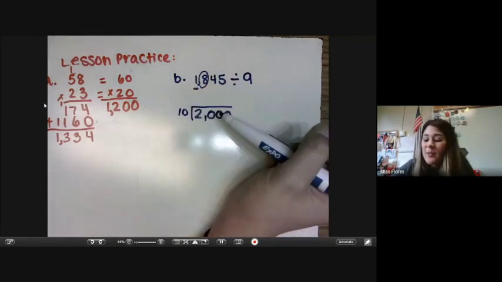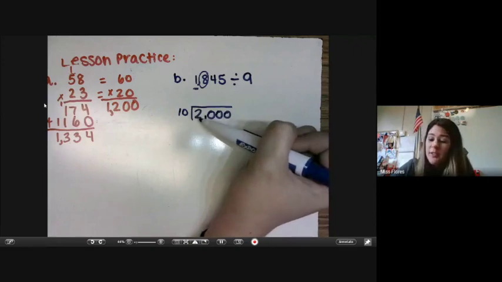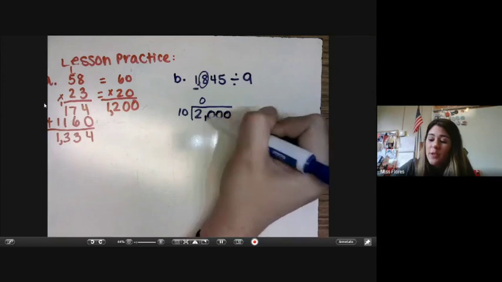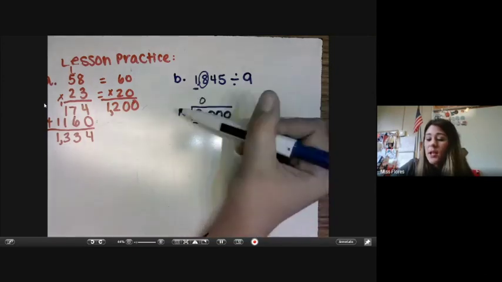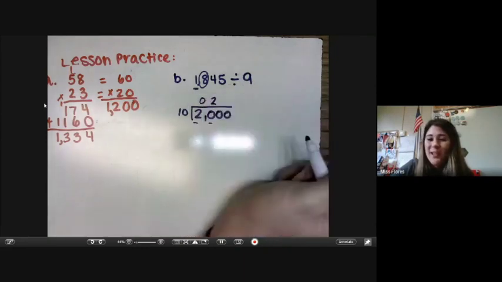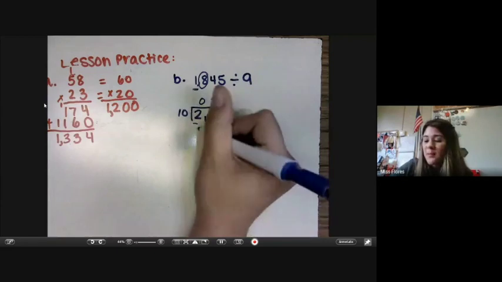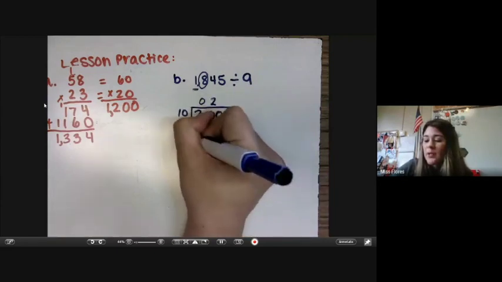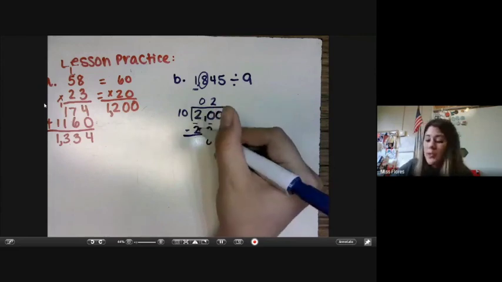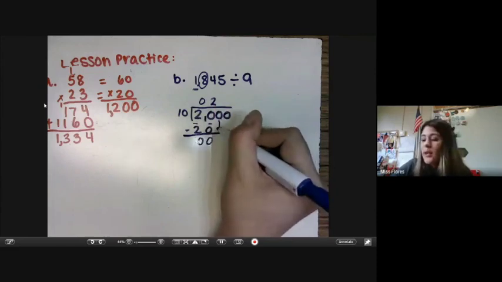All right, so 10 cannot go into 2. So let's put a 0 up here. Now we're going to divide within 20. 10 goes into 20 how many times? 2 times. 10 times 2 is 20. Then we subtract. 0 minus 0 is 0, and 2 minus 2 is 0. And then we bring it down.